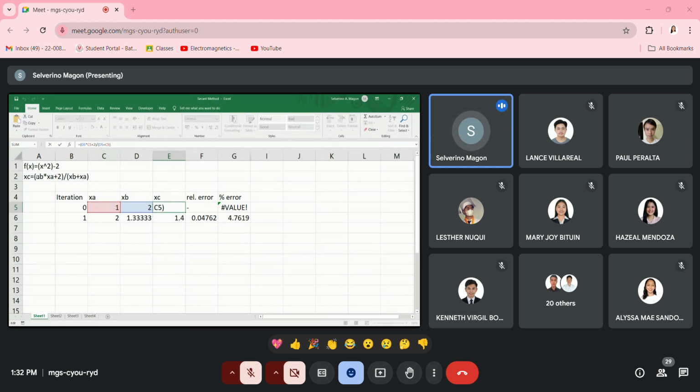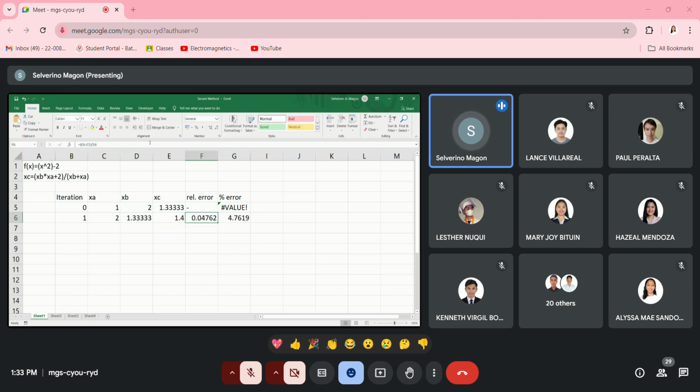Then we use the same formula as this one for the new solution. The new solution will serve as xb in the next iteration, and xb will become xa in the next iteration as well.